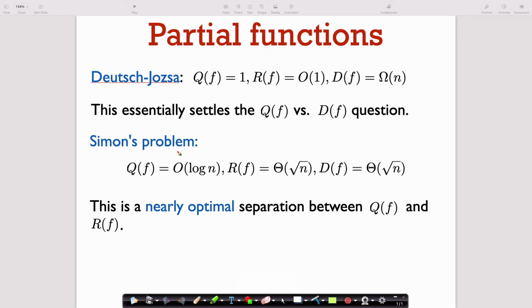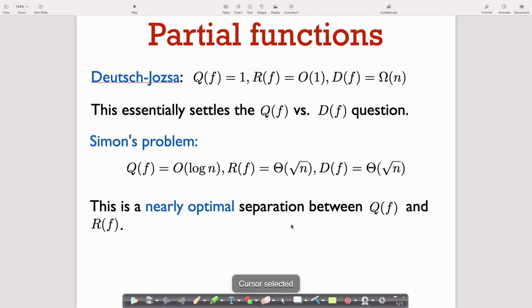Simon's problem also separates quantum query complexity from randomized query complexity. Okay, so the quantum query complexity of Simon's problem was order log n, whereas the randomized complexity is Theta of square root of n. Okay, and this separation here turns out to be nearly optimal.